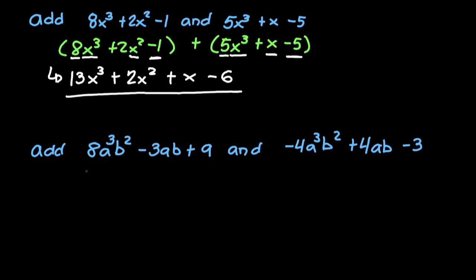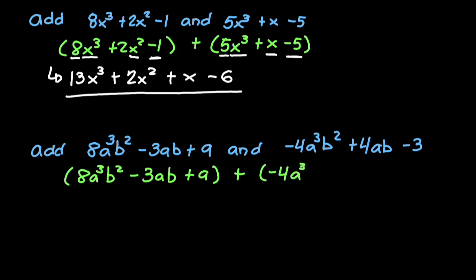Same as the second problem, just put it in this form. So it will be 8a cubed b squared minus 3ab plus 9 plus negative 4a cubed b squared plus 4ab minus 3.